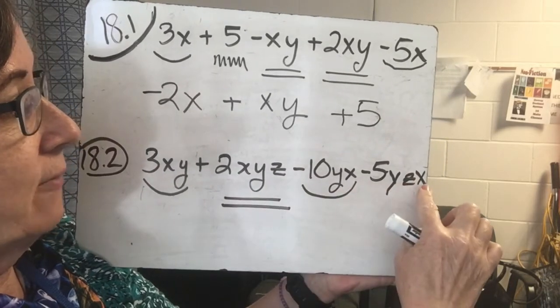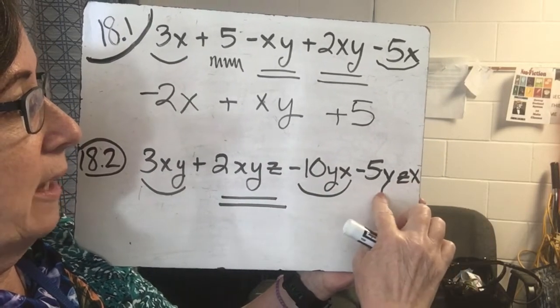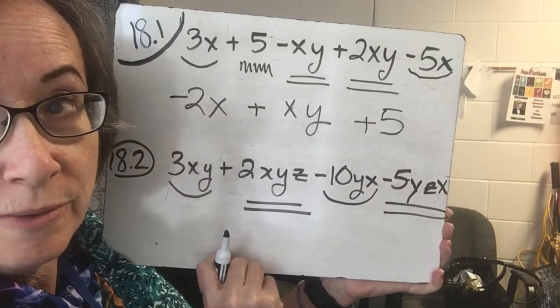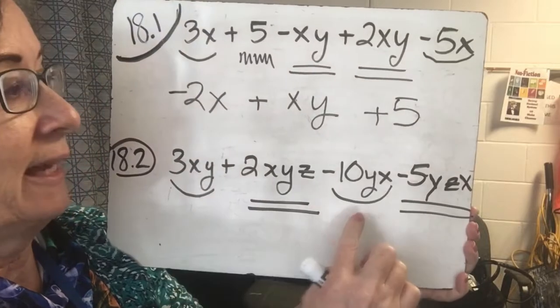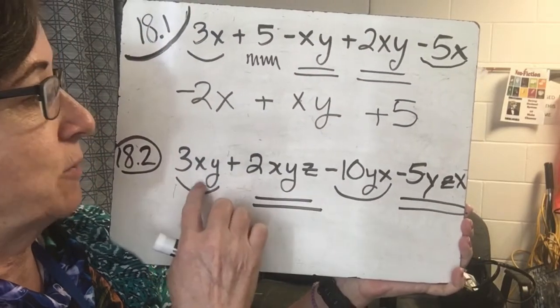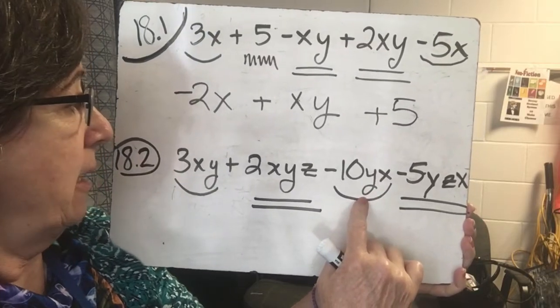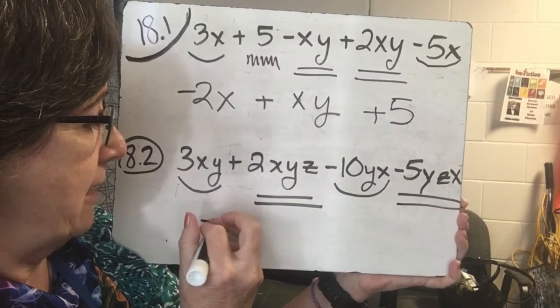And over here I have an xyz. So even though there's a different order, they are the same. We're going to add the xy's together. 3xy and negative 10 yx, which is the same as xy, is going to be a negative 7xy.